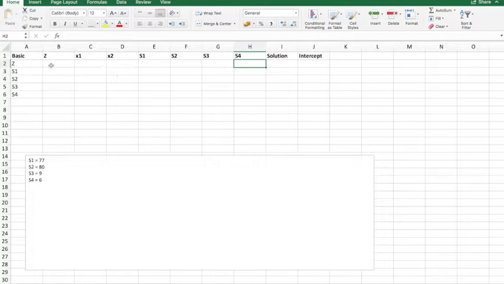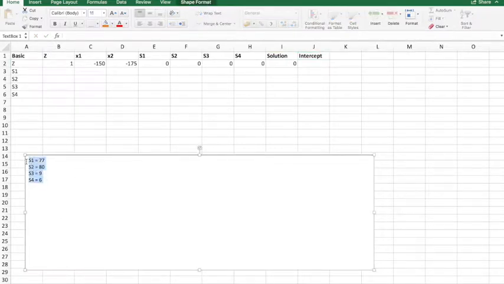Okay, so I'm going to initially start out with the objective function, which is expressed as Z minus 150, minus 175, 0, 0, 0, 0, with the solution of 0. Okay, so what I've done there is I've taken our objective function Z and I've set it to 0, and I've moved all of my parameters across.